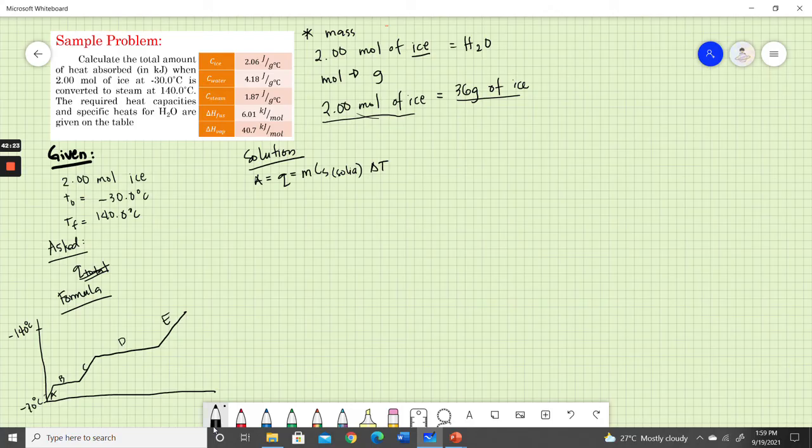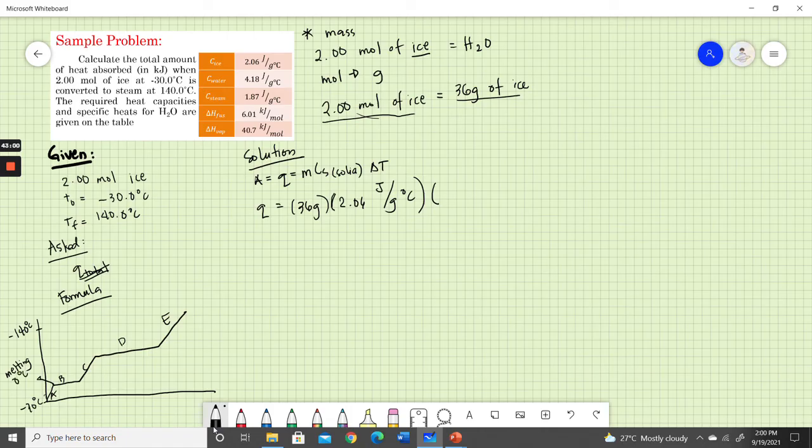Okay, so for A, we have to solve the heat for A. Since we know the mass, 36 grams of ice is multiplied by the heat capacity of the solid ice. So this is the heat capacity, 2.06 joules per gram per degree Celsius. If you remember, this point right here is what? The melting point of water, which is 0 degrees Celsius.